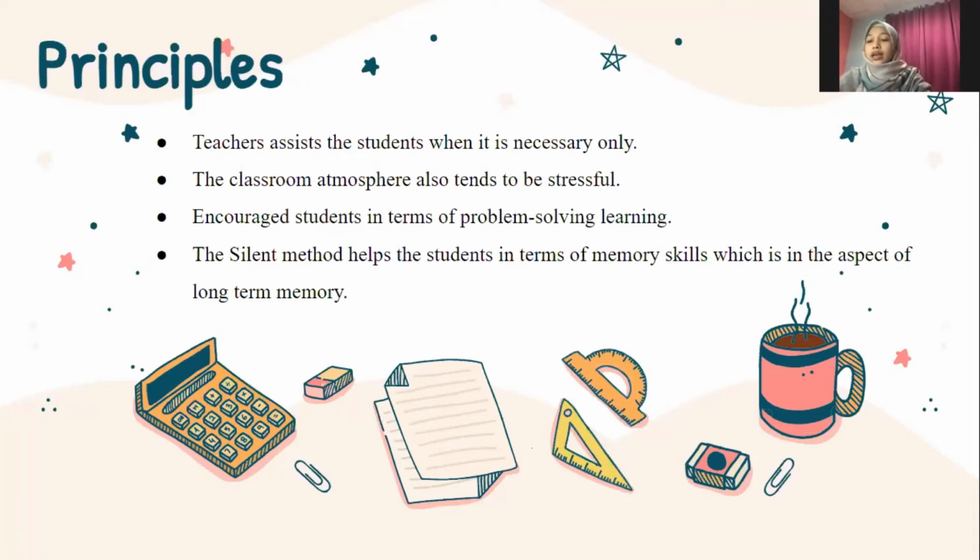Furthermore, the Silent Way also encourages students in terms of problem-solving learning. In the Silent Way principles, it is mentioned that language learners are intelligent and bring with them the experience of already learning a language.